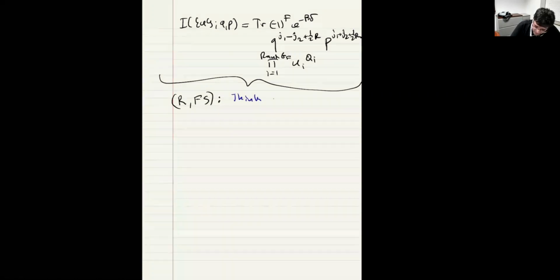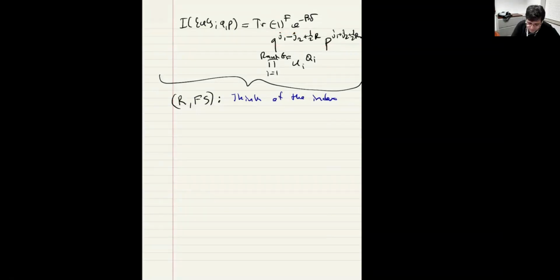So we think of the index not as this trace over the states of our theory, but as a partition function on S^3 times S^1 with supersymmetric boundary conditions around this S^1. This is a curved background, so you analyze which supersymmetries are preserved on this background.